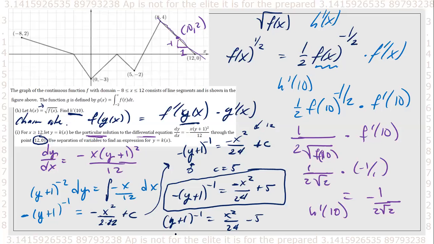It's just going to get a little tricky. So this is to a negative 1. So ideally this y plus 1 is in the denominator. So if I swap everything, it's going to be y plus 1. It's now in the numerator. That means everything on the other side changed, it flipped. So 24 over x squared minus 1 over 5.